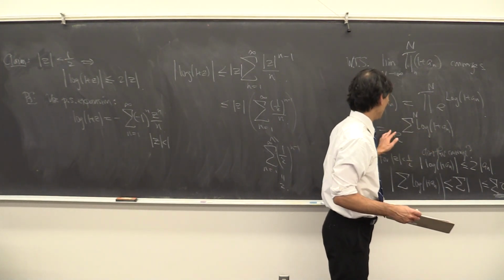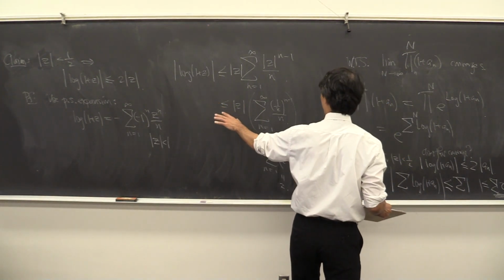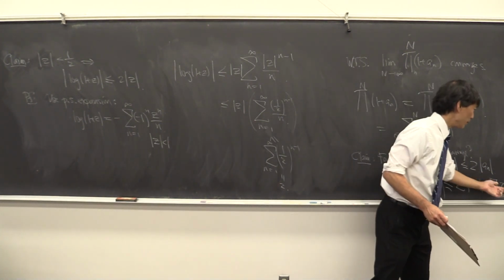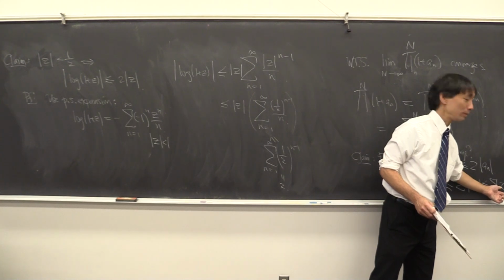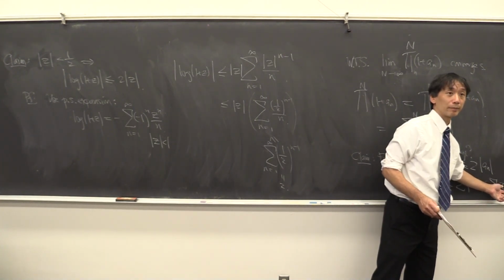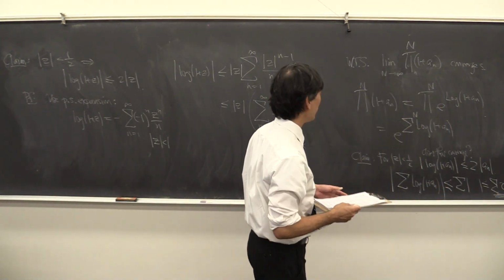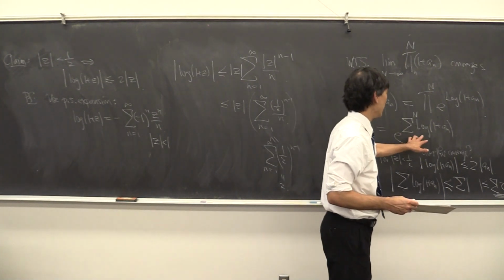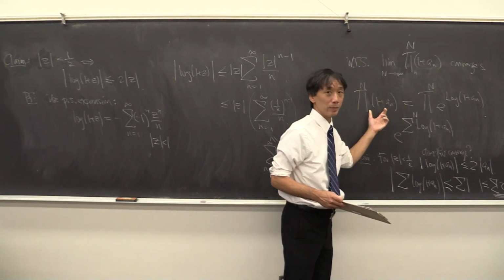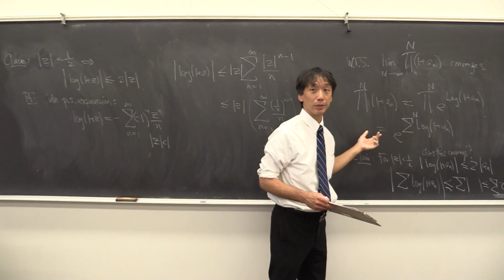And then using this bound here, we see that the sum converges because that sum is bounded by this, and we assume that this sum converges. So what does that give you? That gives you that this thing is going to converge to something, which means that our partial products do converge.